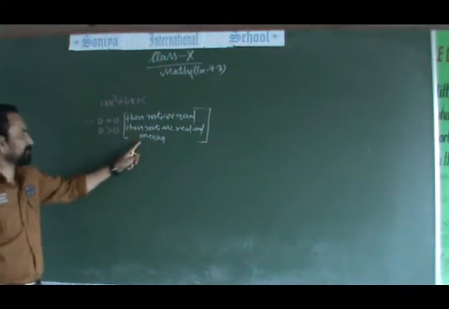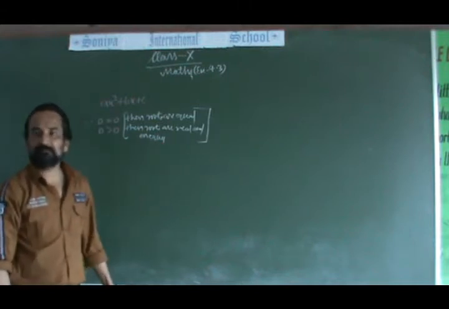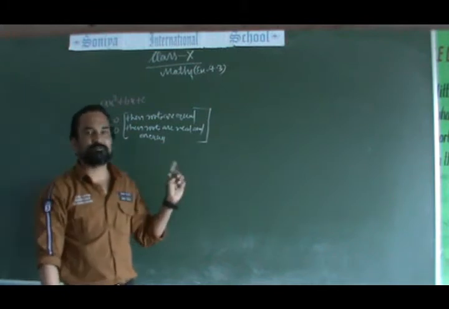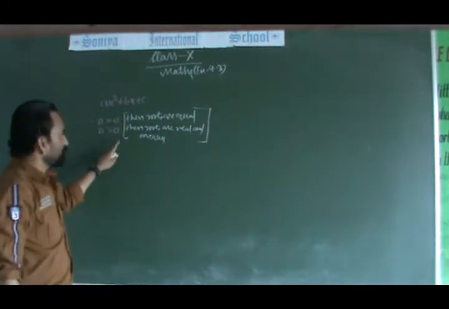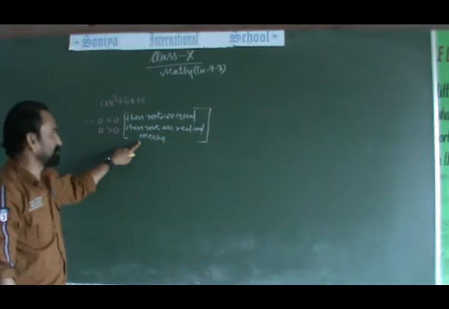And in the first chapter, I explained that real numbers are only numbers which can be expressed on the number line. So what are the roots? If the roots are real, only then they exist. And if the roots are imaginary, then they do not exist.